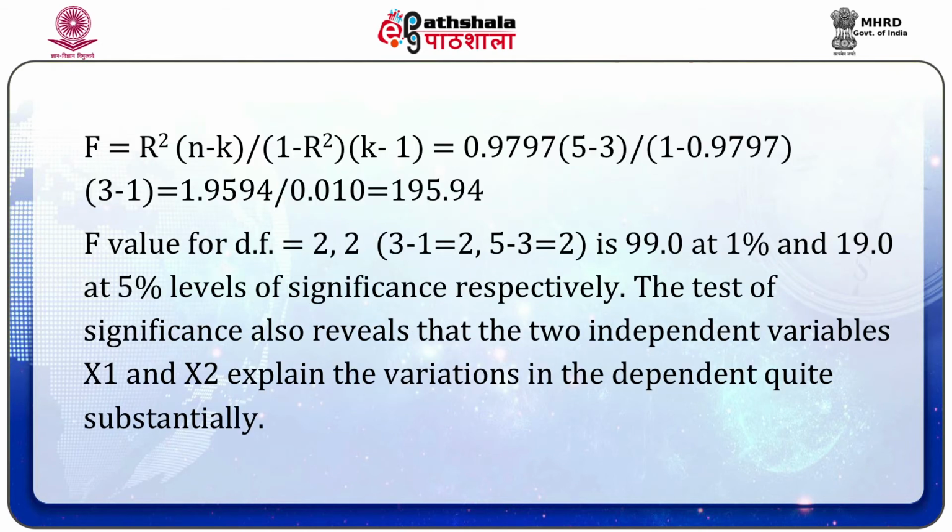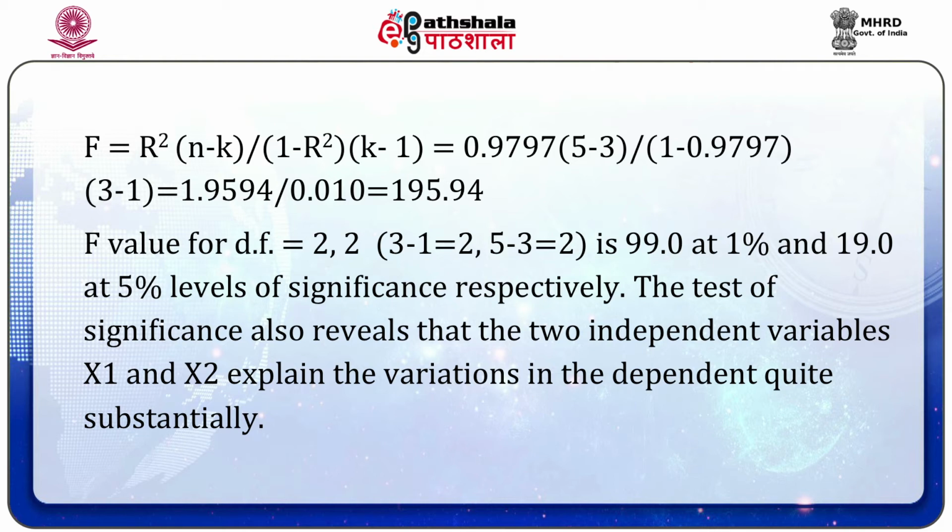F is equal to R square (n minus k) upon (1 minus R square)(k minus 1), which is 0.9797 into (5 minus 3) upon (1 minus 0.9797) into (3 minus 1), equal to 1.9594 upon 0.010, which is 195.94.